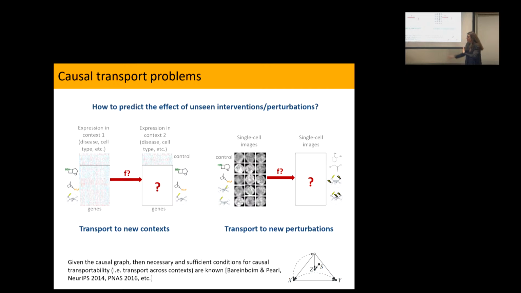That's fully characterized, so necessary and sufficient conditions. This is known as causal transportability.